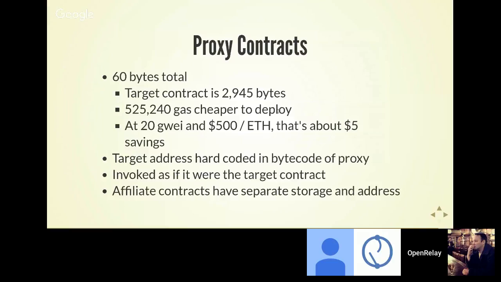So if there were a vulnerability, hopefully people would be able to disperse the tokens that are currently in their contracts the way that they're supposed to, and then we can issue new affiliate contracts.